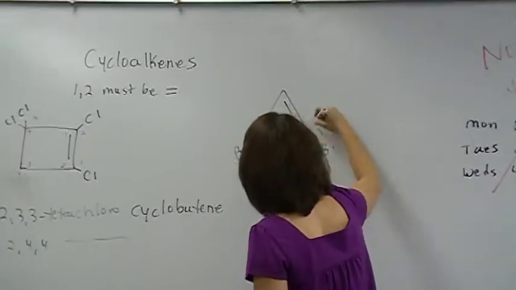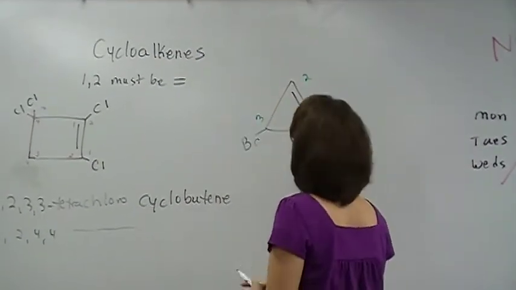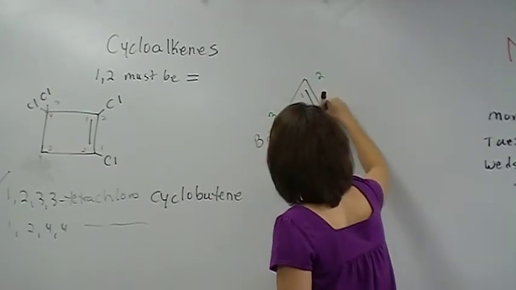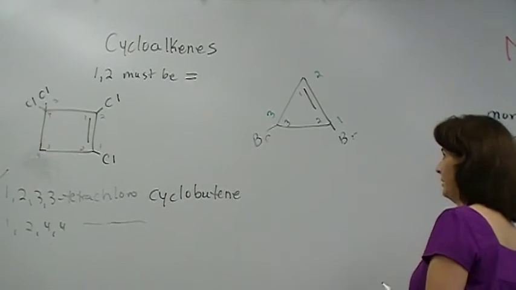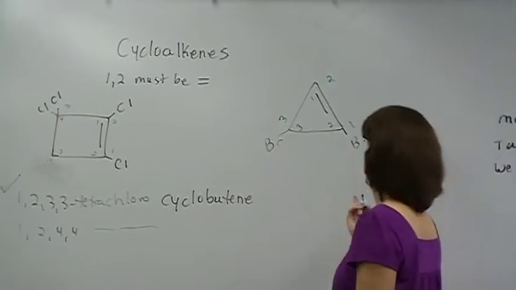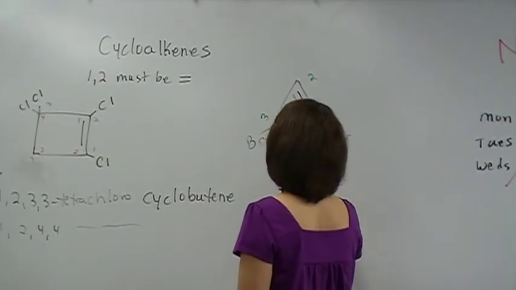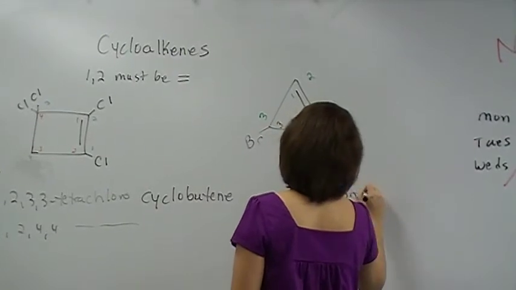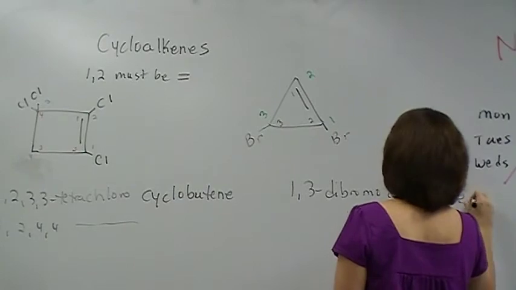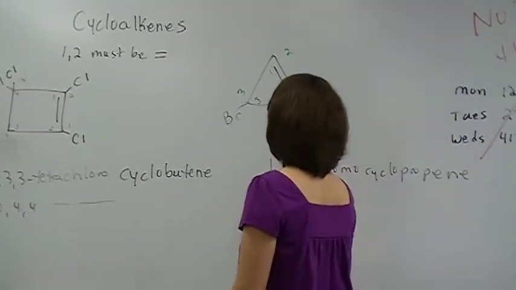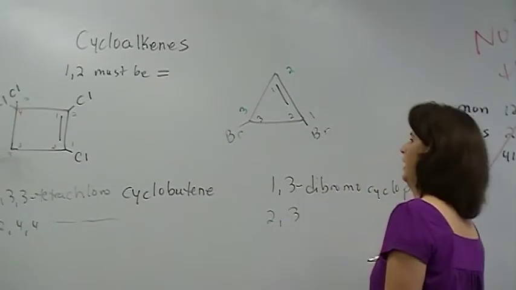It's either going to be 1, 2, 3, or 1, 2, 3. So the name of this guy, it doesn't look right, but it's going to be 1,3-dibromocyclopropene, or 2,3. Which one's right? First one.